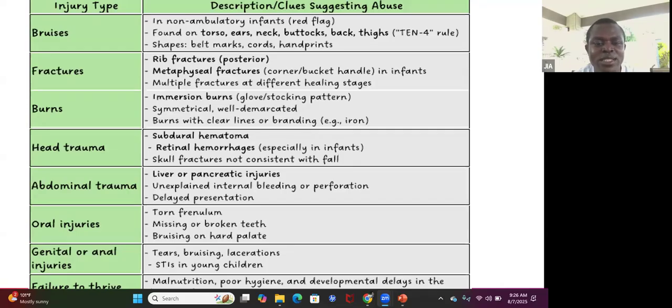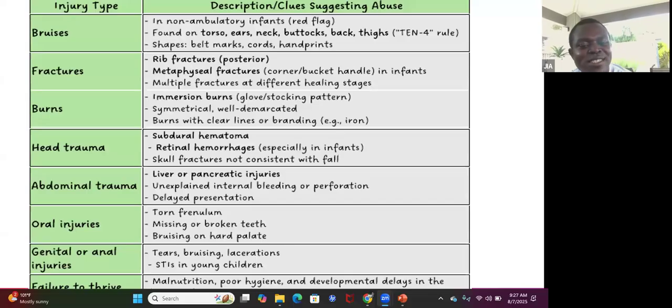Then oral injuries, we talked about that, torn frenulum and the rest. Another one to add: missing or broken teeth is also a sign to suspect abuse. Then bruising on the hard palate is also one way to suspect.